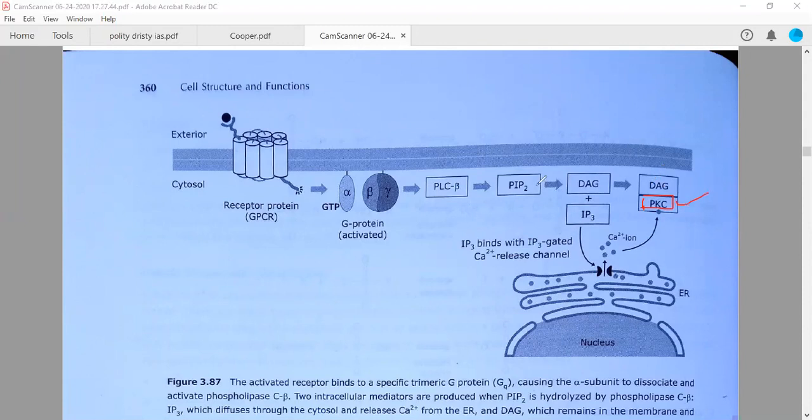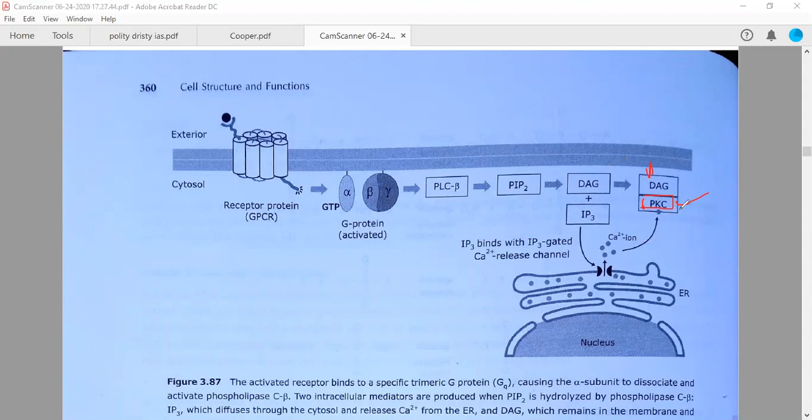One, this diacylglycerol, which is interacting with the plasma membrane, will recruit this protein kinase C from the cytosol to the plasma membrane, and it will activate the protein kinase C. Second thing, calcium ions will go to the protein kinase C and activate it.